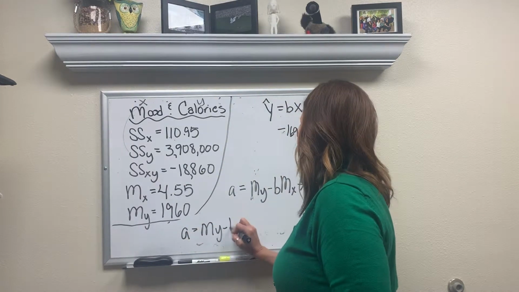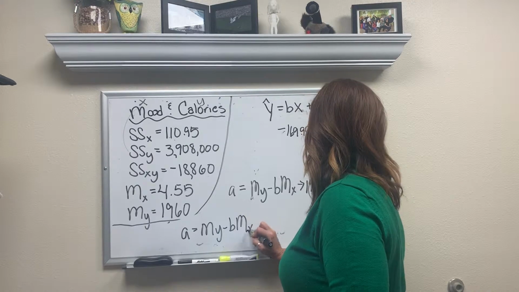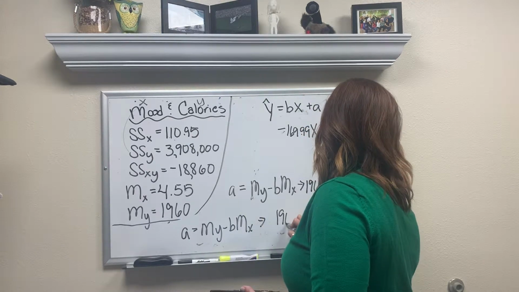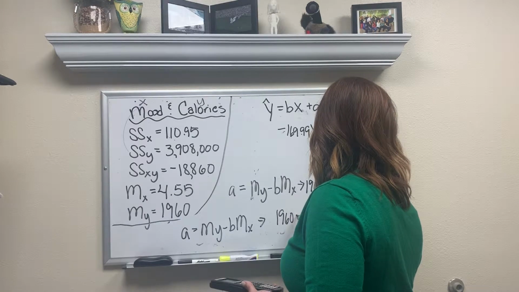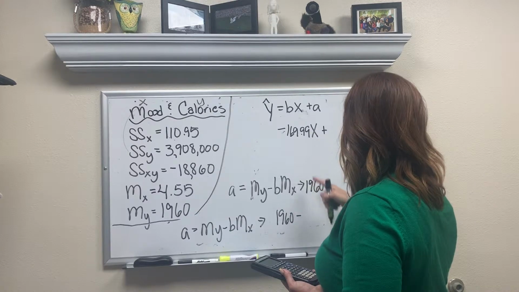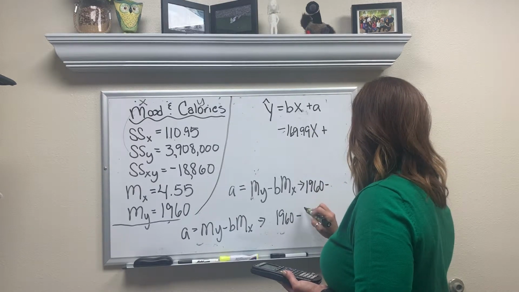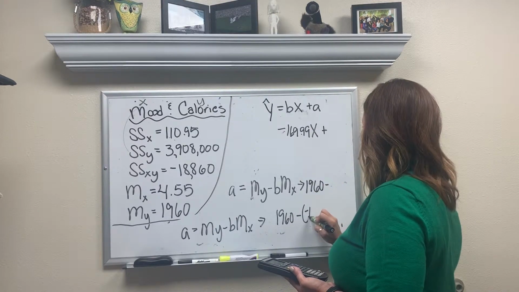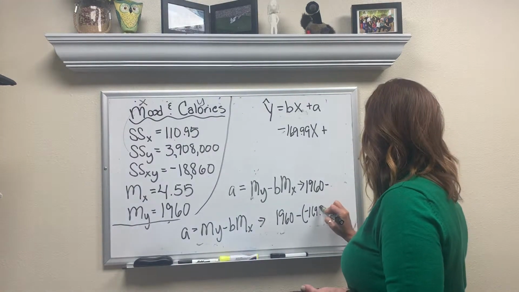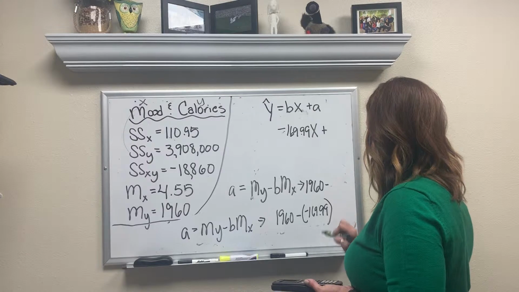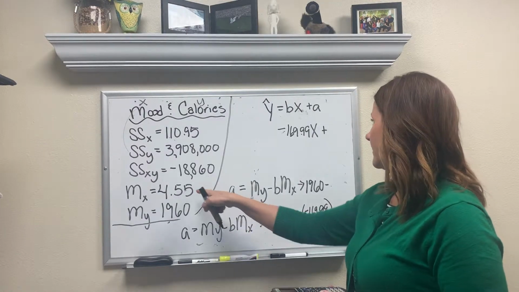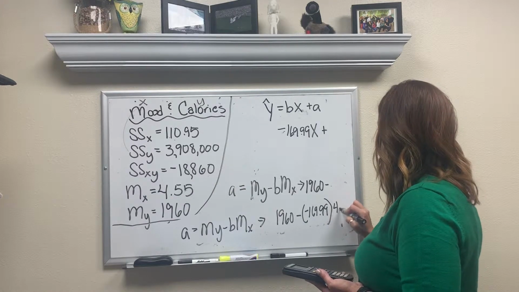The mean of y minus b times the mean of x. I'm on a limited board here. So 1960 minus our slope, which was negative 169.99. So hang on to the negative sign. And we're going to multiply that by our mean of x, which is 4.55.